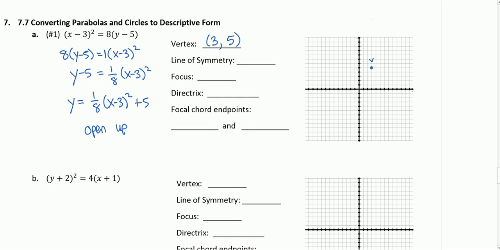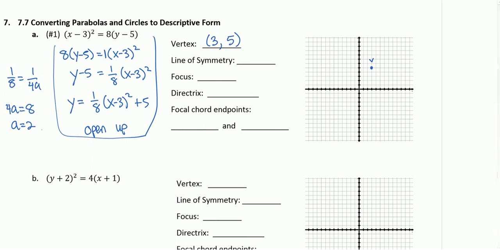Our axis of symmetry, well, I'll get to that. The line of symmetry, I'll come back to that. The focus comes from taking that 1/8 and setting it equal to 1 over 4a. So 4a is equal to 8, a is equal to 2, and a is the distance from the vertex to the focus.